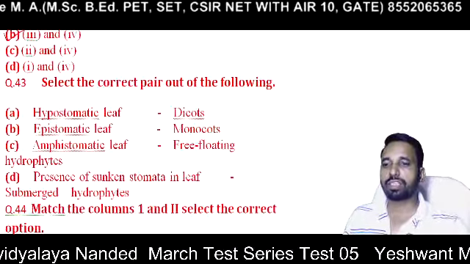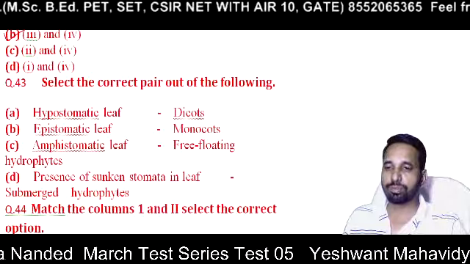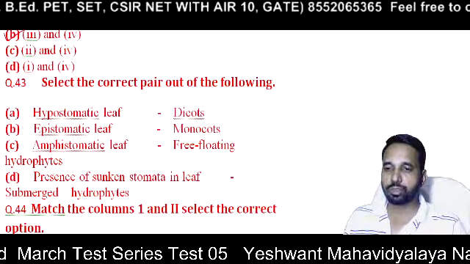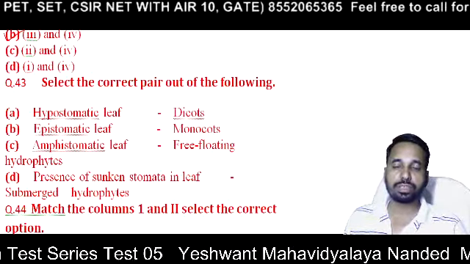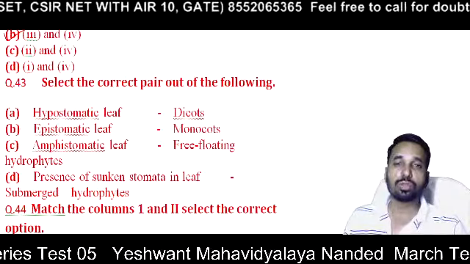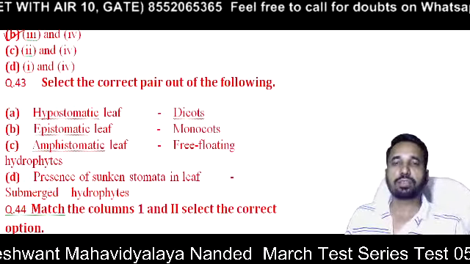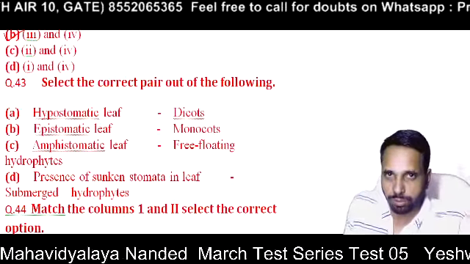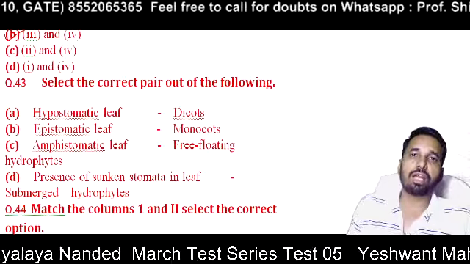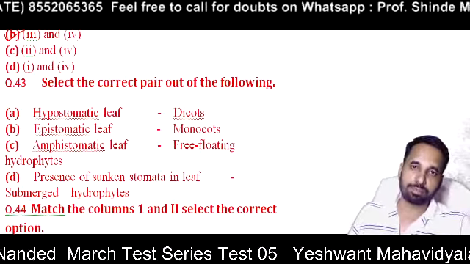Okay. 43. Select the correct pair out of the following: hypostomatic leaf, epistomatic, amphistomatic, and presence of sunken stomata. I have told you, and this question is a repeated category question. So you must understand stomata are there for water loss. Now you must understand that which plant need to lose more water.